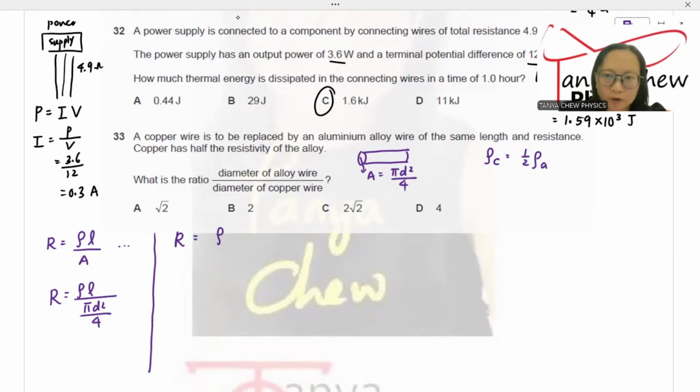So this is R equals resistivity of the copper, times the length of the copper, which is the same, over pi d copper squared over 4. Put this as equation 1. And then R for the alloy is rho alloy, length of alloy, over pi d alloy squared over 4.